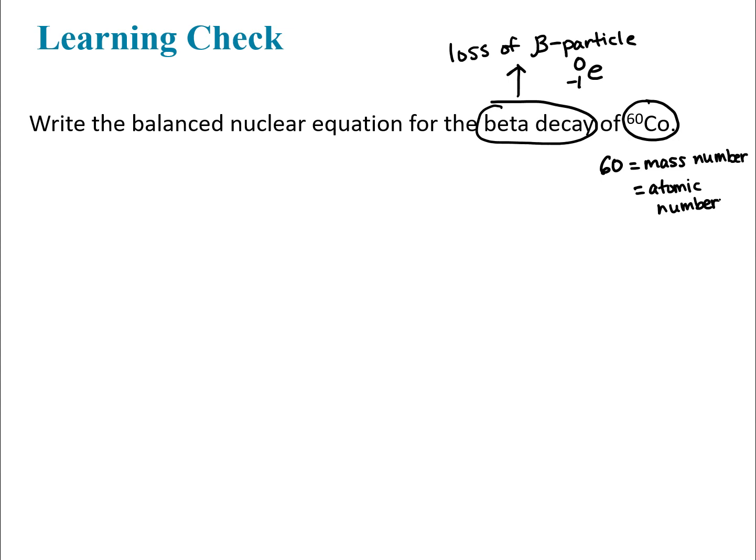The periodic table. But yeah, you look at the periodic table, and when you do that, you find that cobalt has an atomic number of 27.